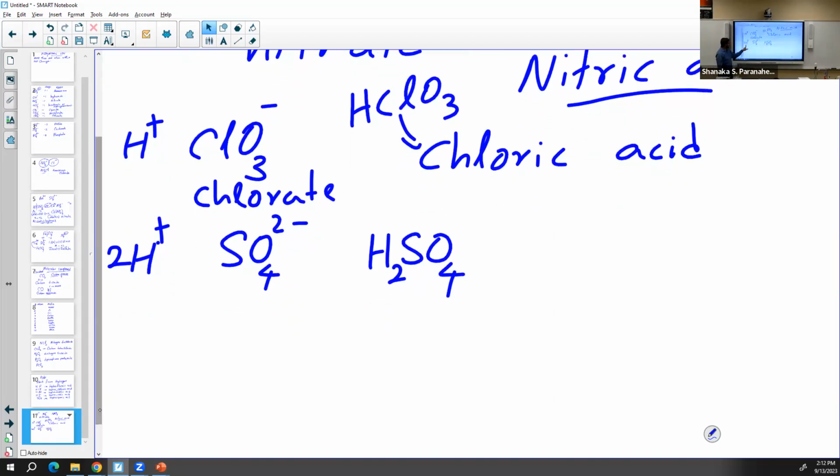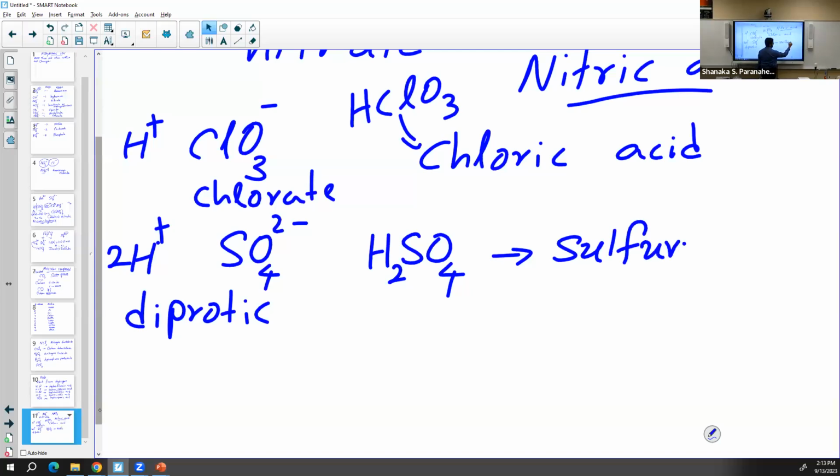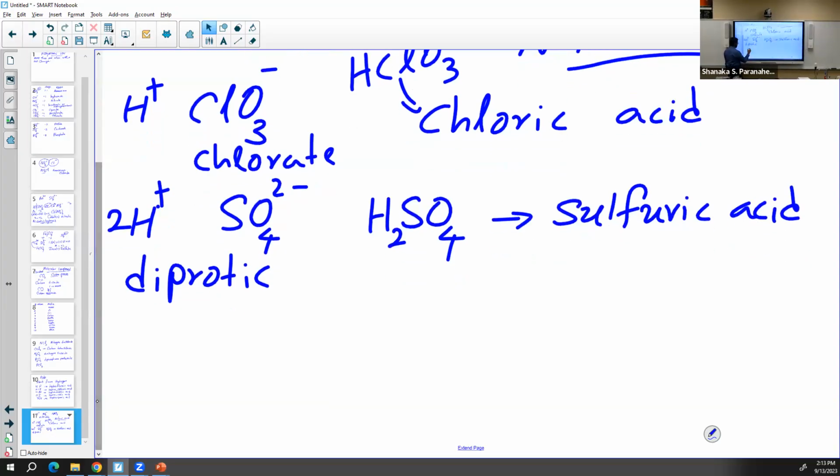Sulfate is 2 negative, so we need 2 hydrogen. So these are called diprotic acids. When there is more than 1 hydrogen, if it is 2, it's called diprotic. So sulfuric acid is a diprotic acid. Sulfate transforms into sulfuric acid. Next one, again we need 2H plus to neutralize the carbonate ion, because carbonate is 2 negative.